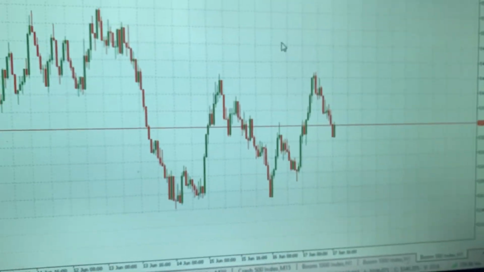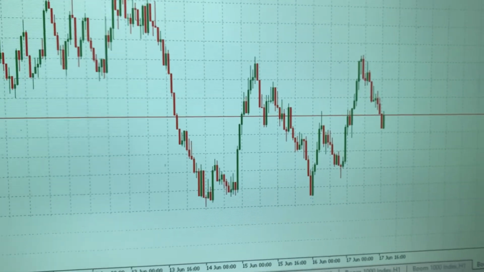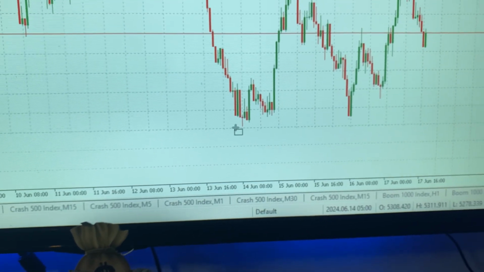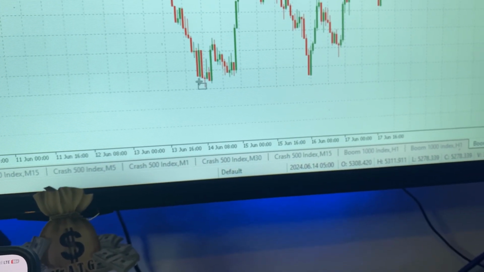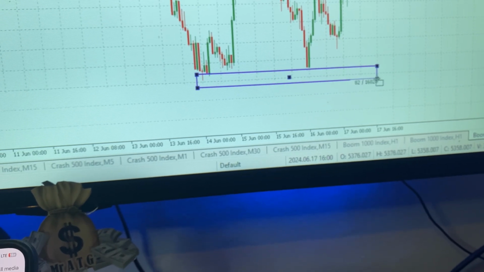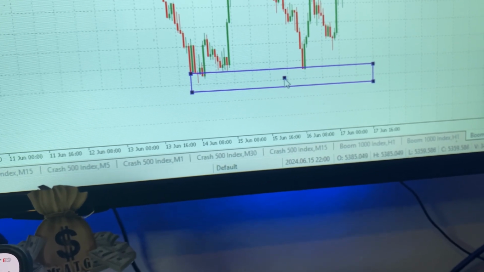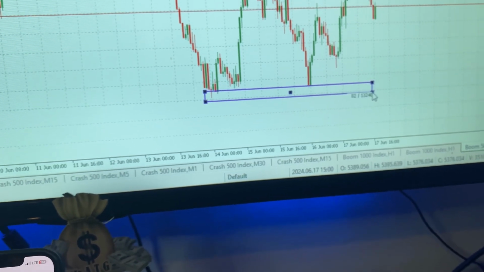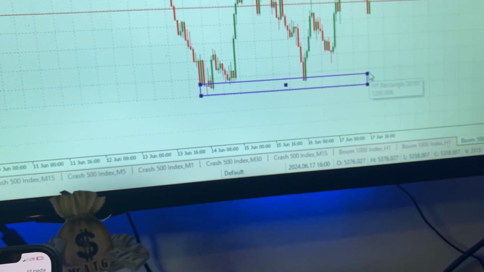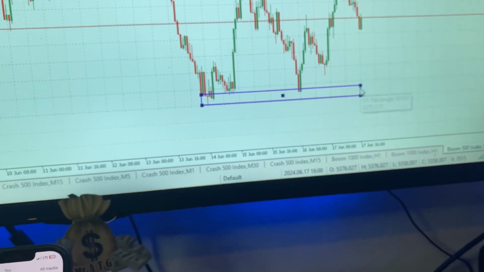The first thing that we noticed was we have a strong support zone right here. So I just drew my support zone. What is a support zone?